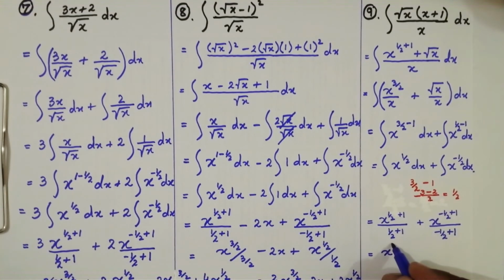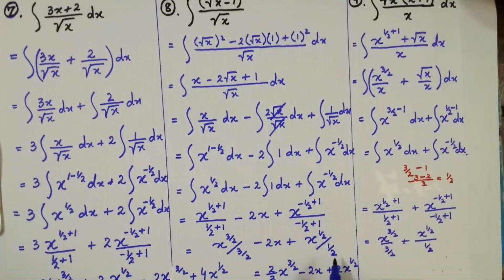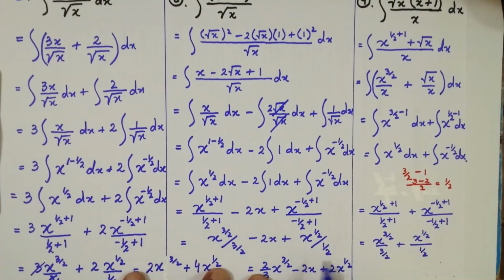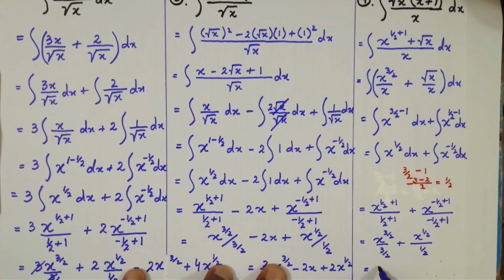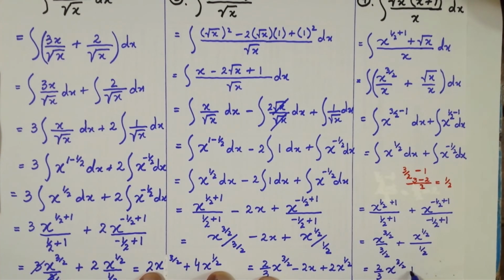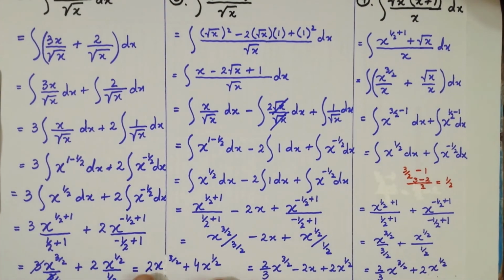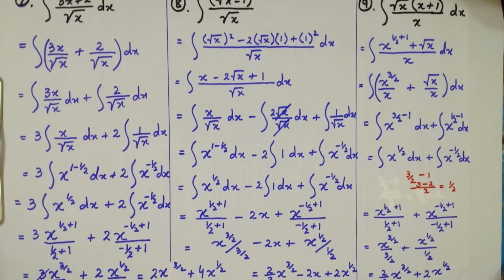After solving these powers, you will get here 3 by 2, same as here 3 by 2, x power 1 by 2 and 1 by 2. Now after simplification, you will get 2 by 3 x raised to power 3 by 2 plus 2 x raised to power 1 by 2. Now this is the required answer of the question.